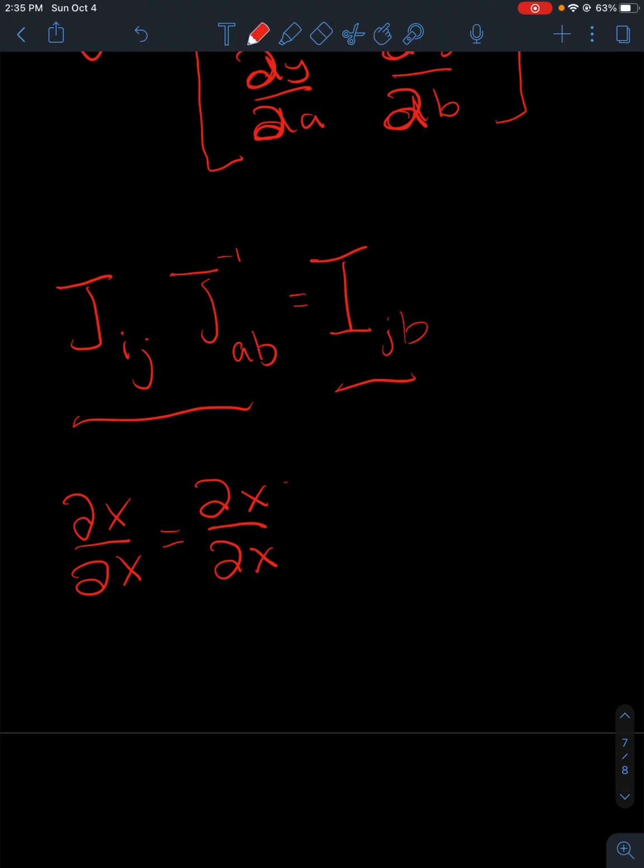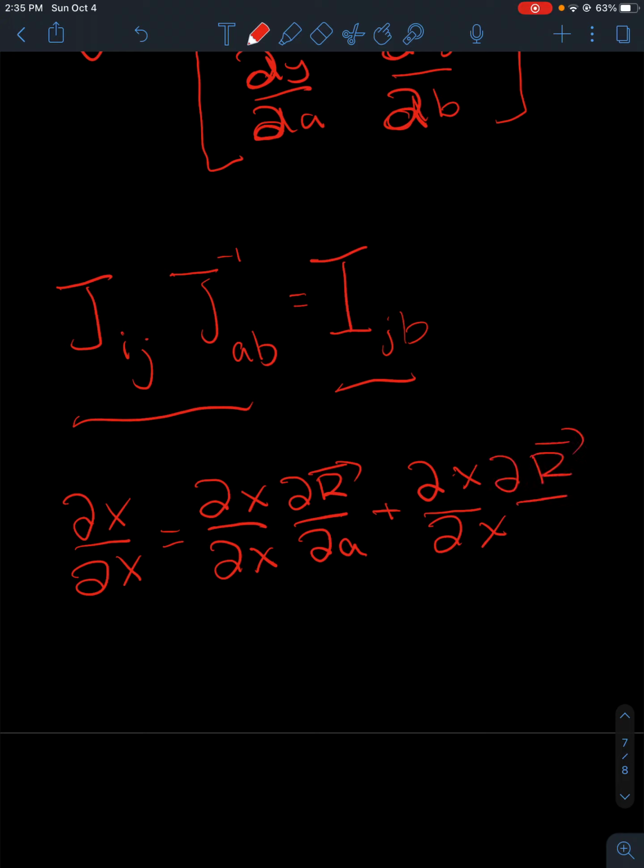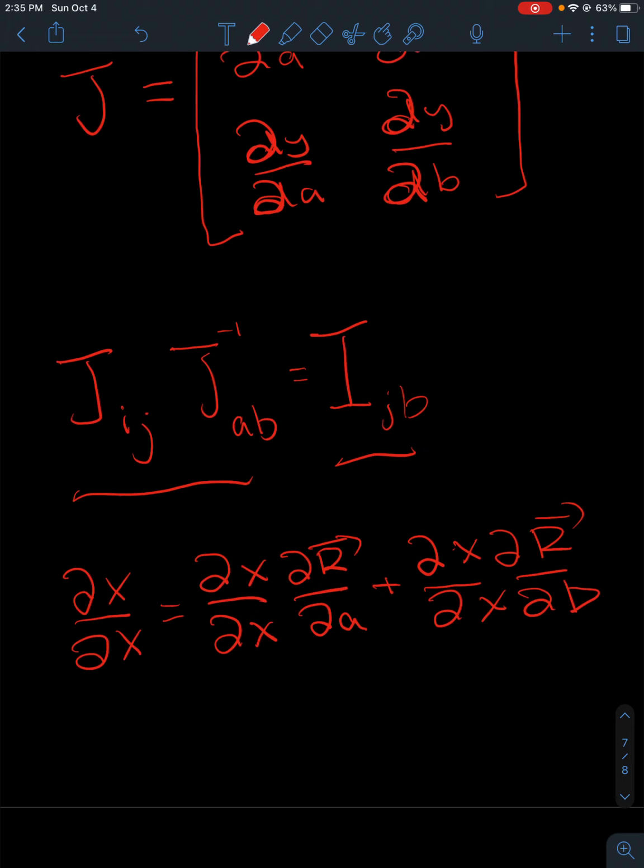Partial x over partial a times partial a over partial x, plus partial x over partial b, and this should be a b. I believe that's how you correctly expand it.